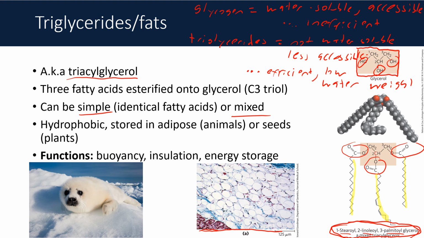Low water weight. I mean, think about it. The lack of abundant hydroxyl groups means that triglyceride globules can't harbor extensively hydrogen-bound solvation shells around them, not in the way that glycogen does.